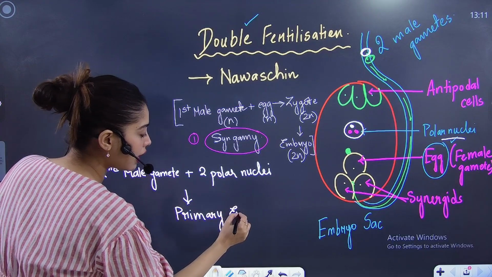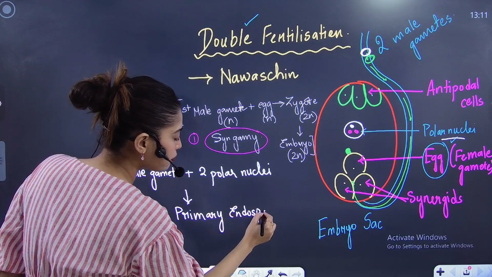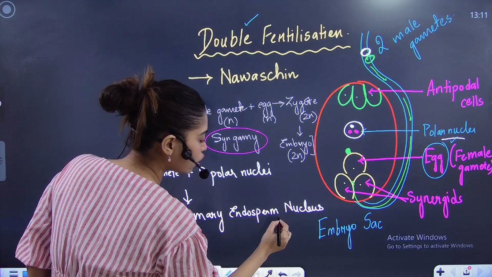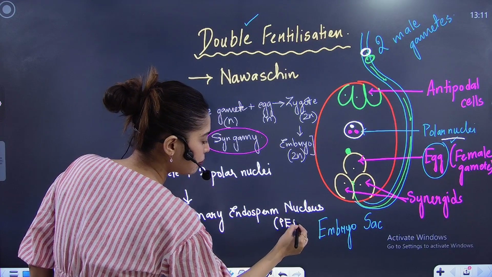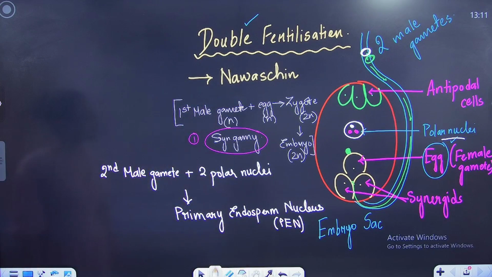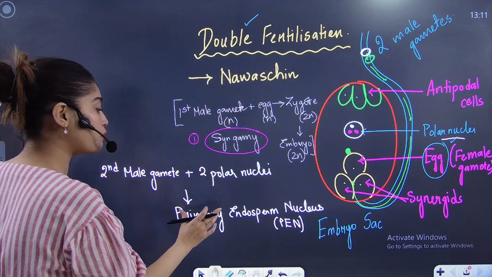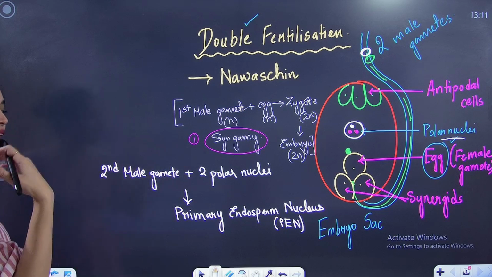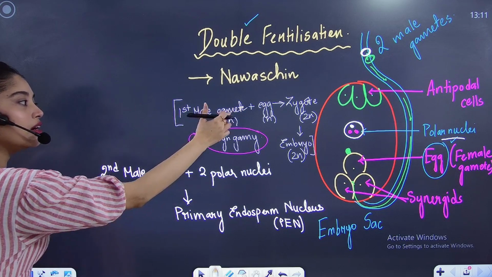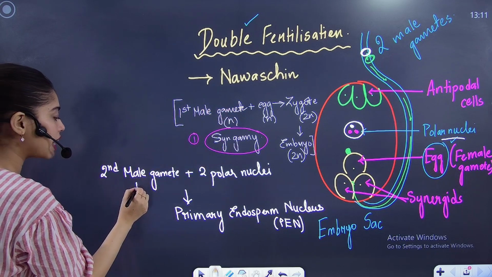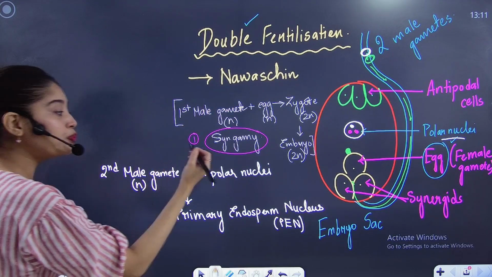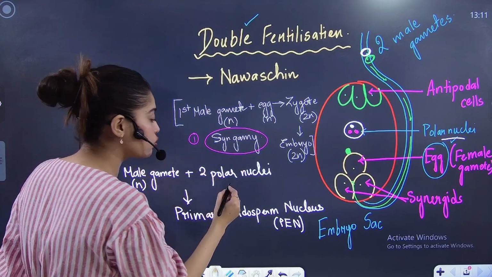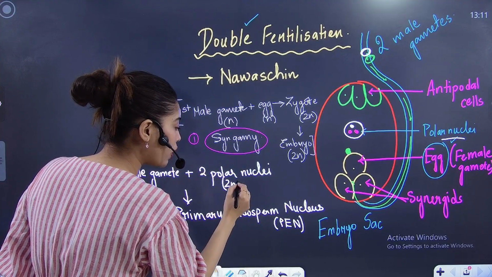These structures result in the formation of the primary endosperm nucleus. In short, we can call it PEN. Now let's see the chromosome number in the primary endosperm nucleus. The male gamete is haploid, N. The two polar nuclei will be twice N, one for each.